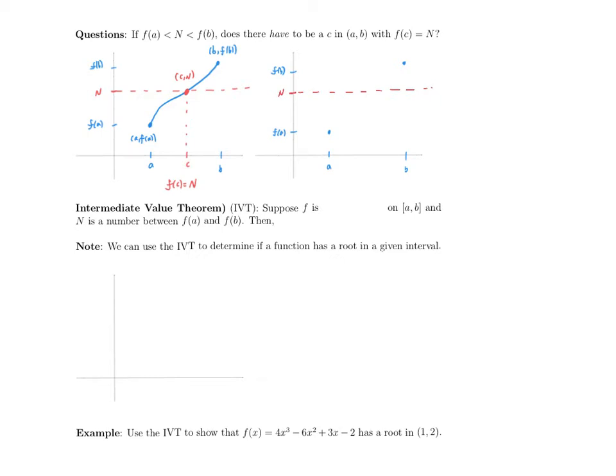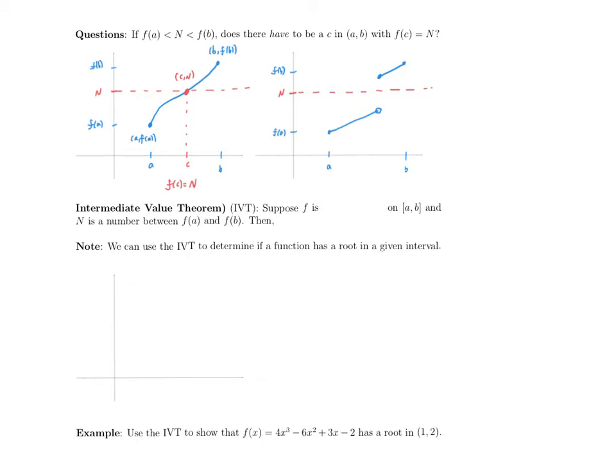Now if I start at this point a comma f of a, and maybe I just proceed along, but remember, I don't want to cross that line. So I'll just put an open circle here, and I'll just jump above, and then I will continue on going. Now, note, in this case, there is no input c where the output is n. That is to say, the function does not cross or touch that red dashed horizontal line.